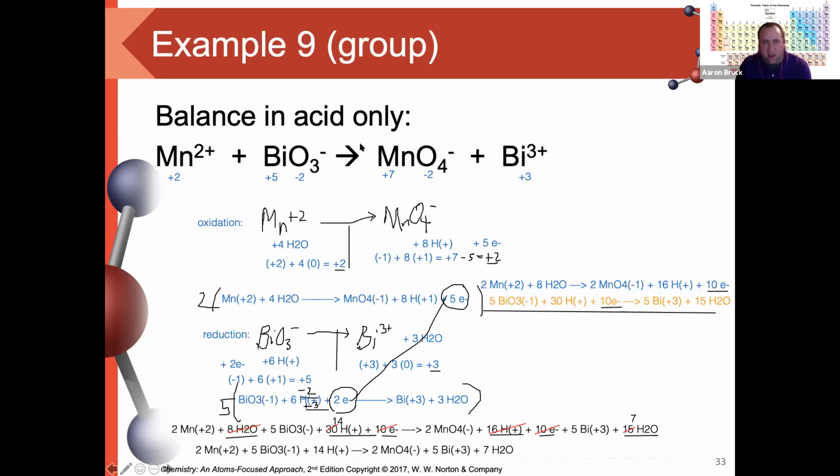That is the final, at last, equation for this reaction in acid.